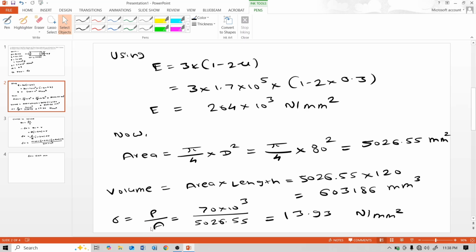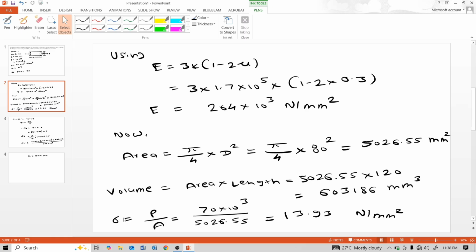See the stress formula. If this area increases, stress decreases. Stress is inversely proportional to the area of that circular bar. If we increase the diameter of this circular bar, then stress is less.